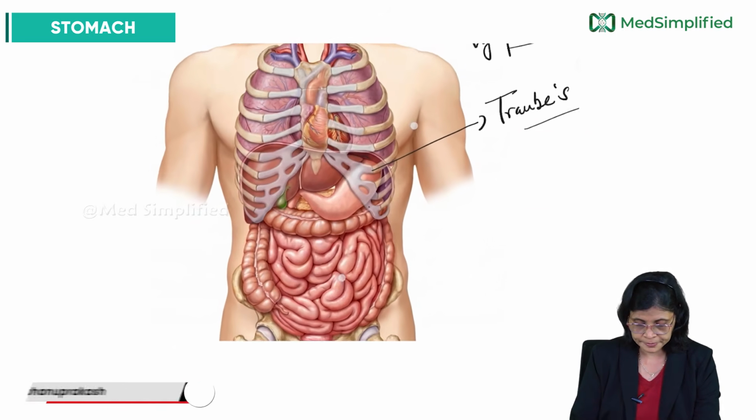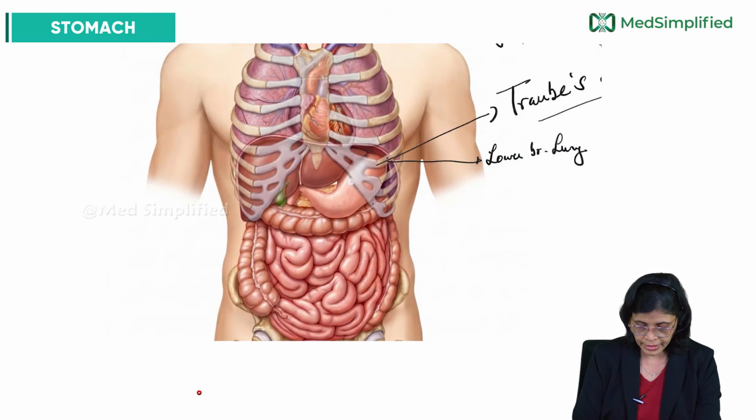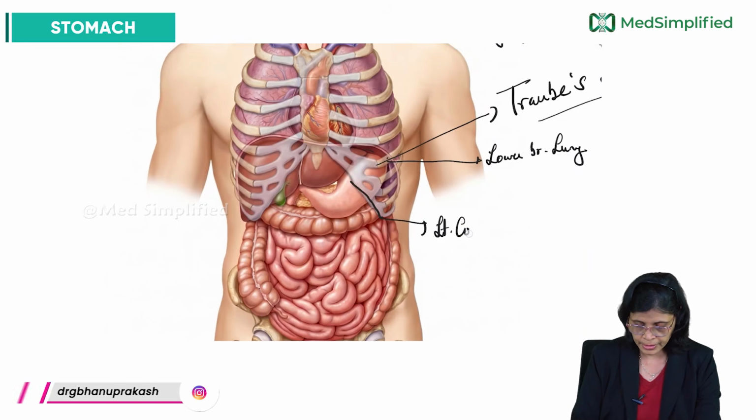The Traube space is bounded above by the lower border of the lung, and below by the left costal margin.